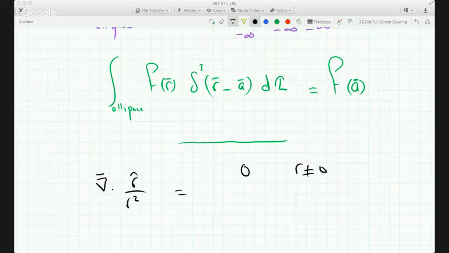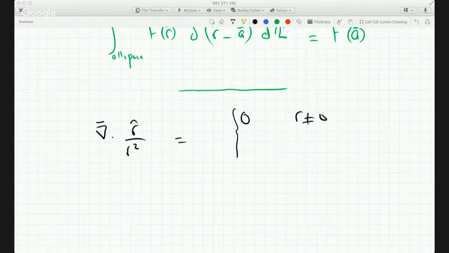Now, the puzzling result was the fact that the integral over any volume containing the origin turned out to be 4 pi. So how can you reconcile those two results? That's for all r, including r equals 0.